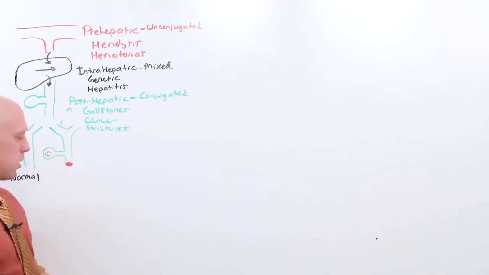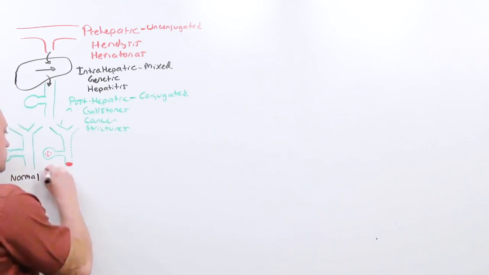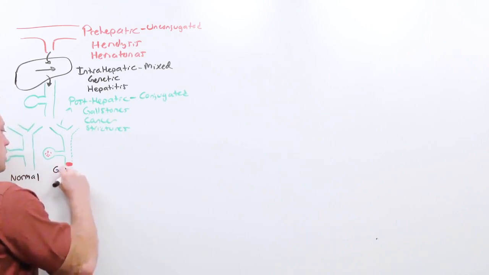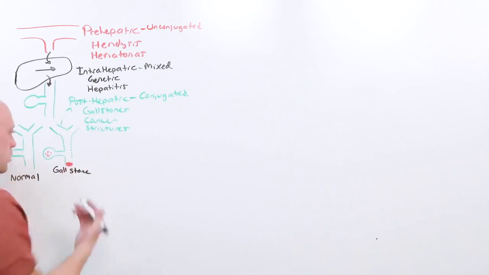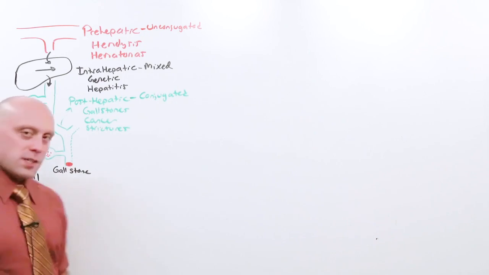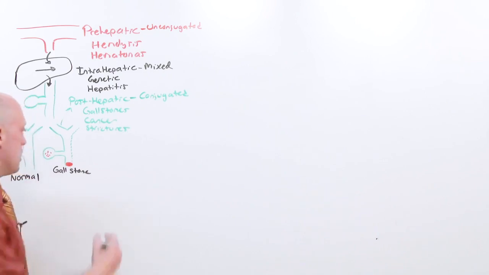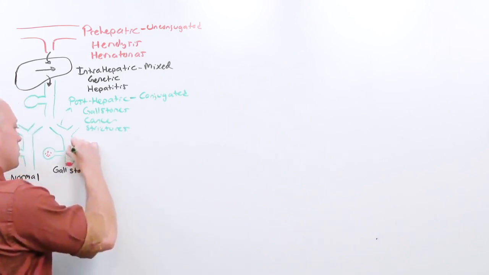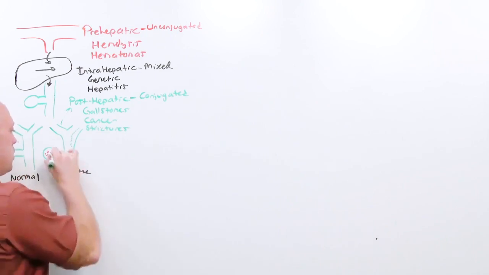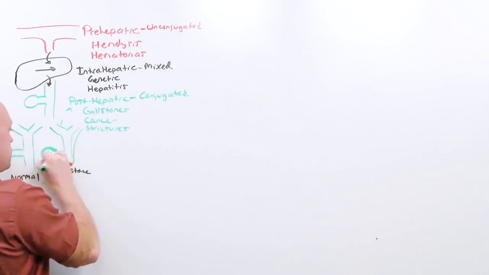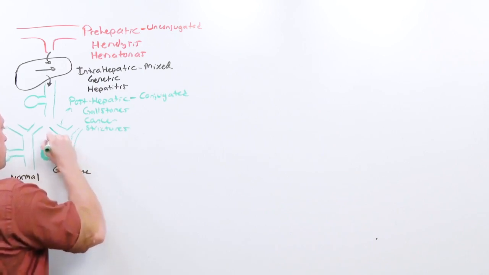This is choledocholithiasis. This is gallstone disease. Gallstone disease happens all of a sudden. And when things happen all of a sudden, the system doesn't have enough time to accommodate. So you'll see only mild dilation, but you're going to see inflammation of the biliary tree and of the gallbladder.